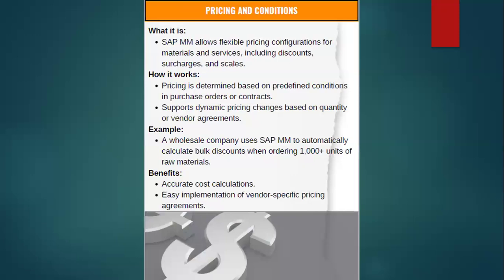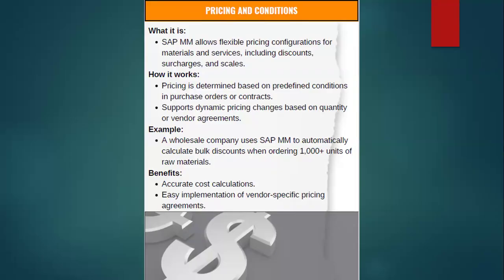Okay. So now coming to pricing and conditions. What is it? SAP MM allows flexible pricing configurations for materials and services, including discounts, surcharges, and taxes. So how does it work? Pricing is determined based on predefined conditions in purchase orders or contracts. It supports dynamic pricing changes based on the quantity or vendor agreements.